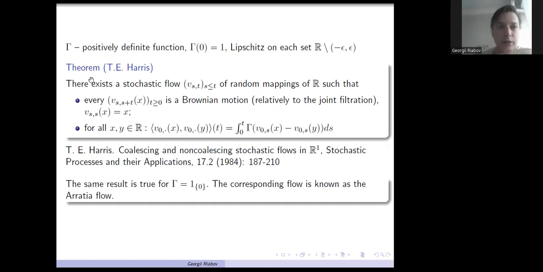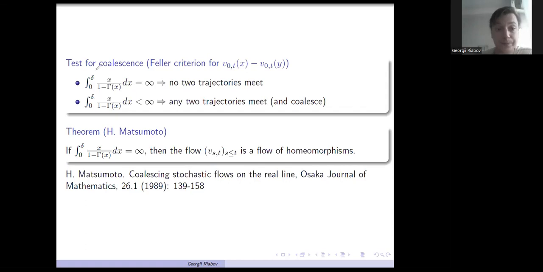So it turns out that if this integral is equal to infinity, then we get a flow of homeomorphisms, as we had in the case of solutions of stochastic differential equations.